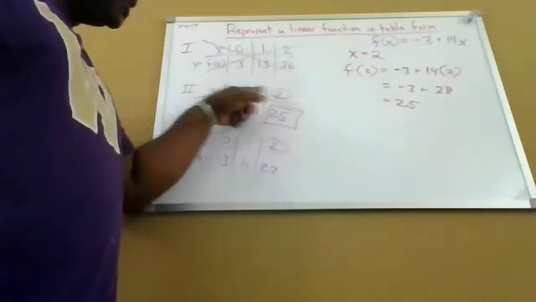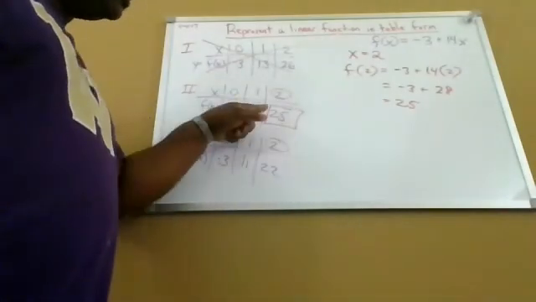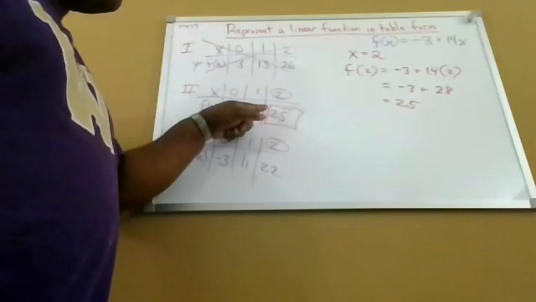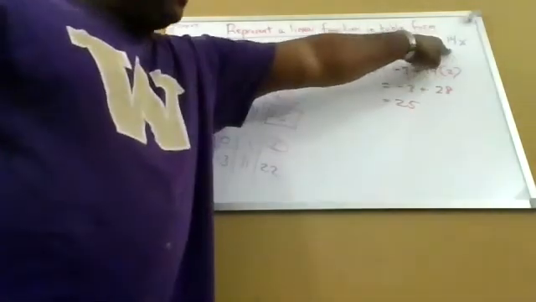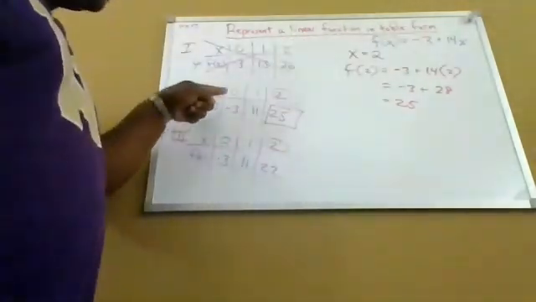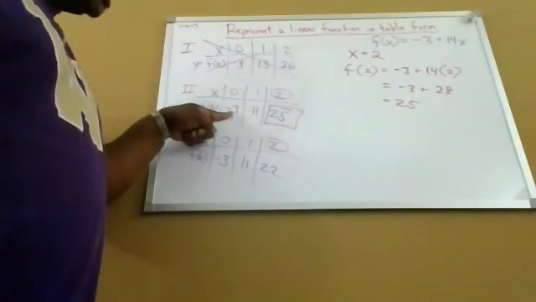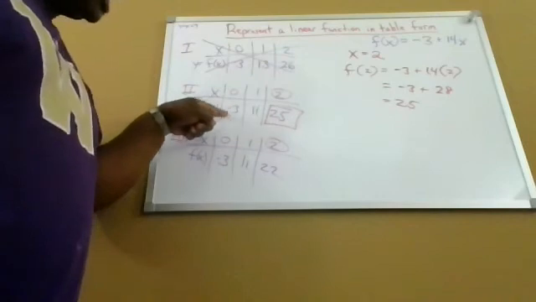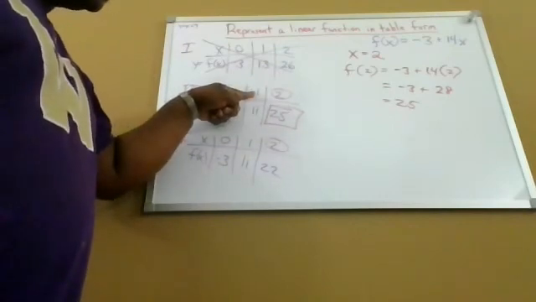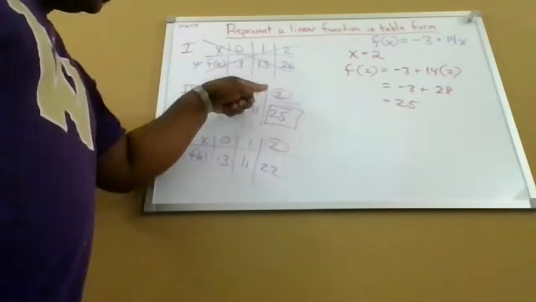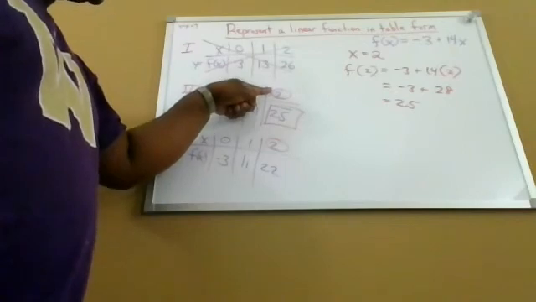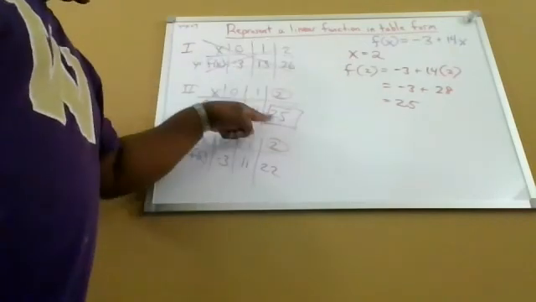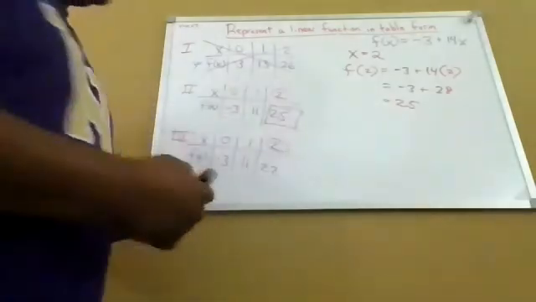So that means the data in this table satisfies this equation. When I put in x equals 0, I get -3. When I put in x equals 1, I get 11. When I substitute x equals 2, I do get 25.